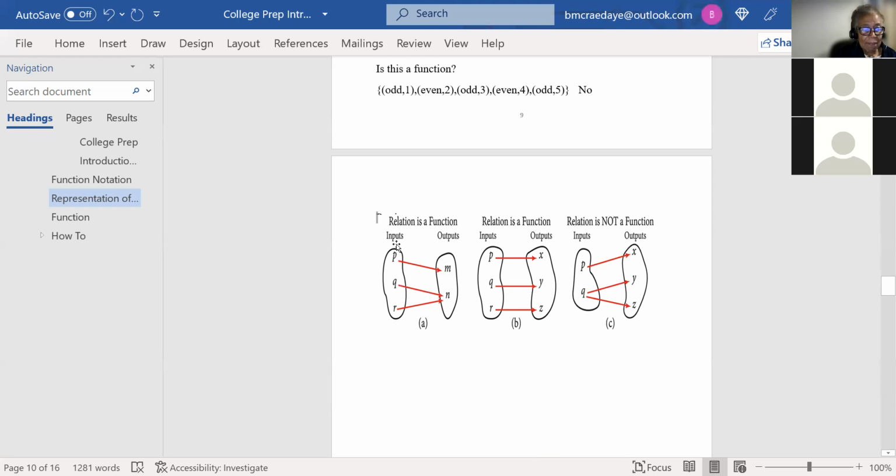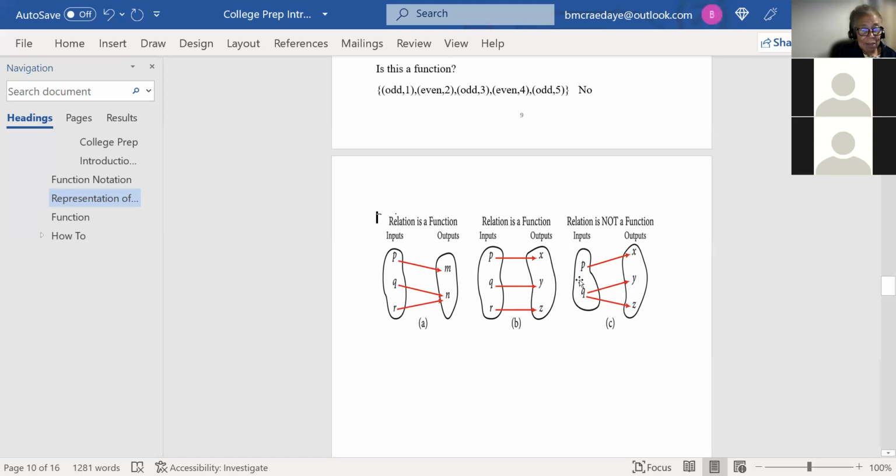We care about the input, the X values. They must map to one output. Okay. Same thing here. Relation is a function. P maps to X. Q maps to Y. R maps to Z.